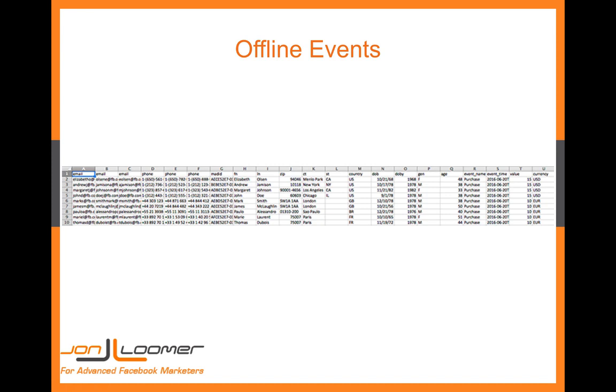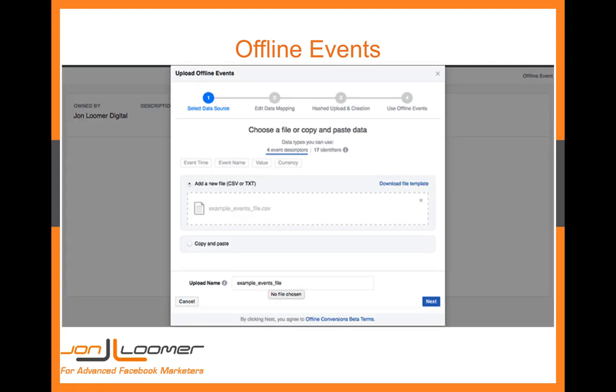But you also then have to include what's the product that they bought, what's the value, and what's the currency, so that they can match it up to people who saw your ad, and also give you a value for what it is they bought.